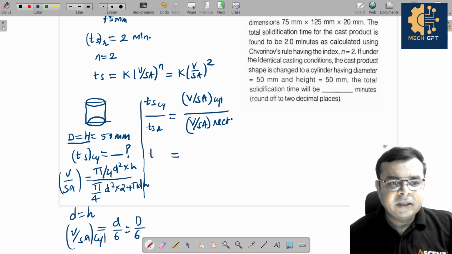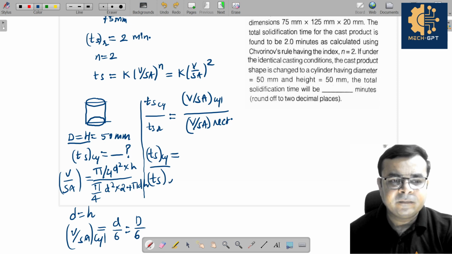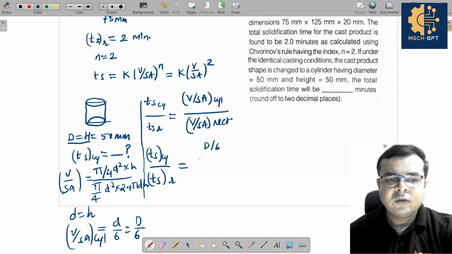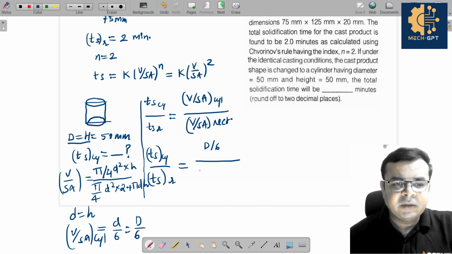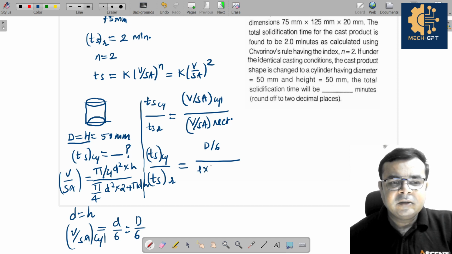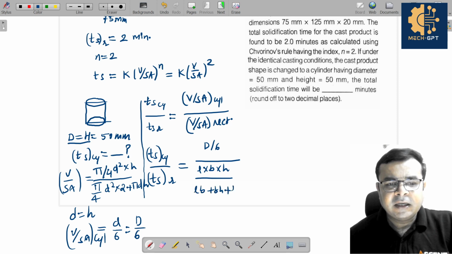So simply here I am writing the solidification time of cylindrical casting over the solidification time of rectangular casting. This is equal to D by 6 over, for rectangular casting, simply we can write L B H, this is volume, over 2 times (LB plus BH plus LH).